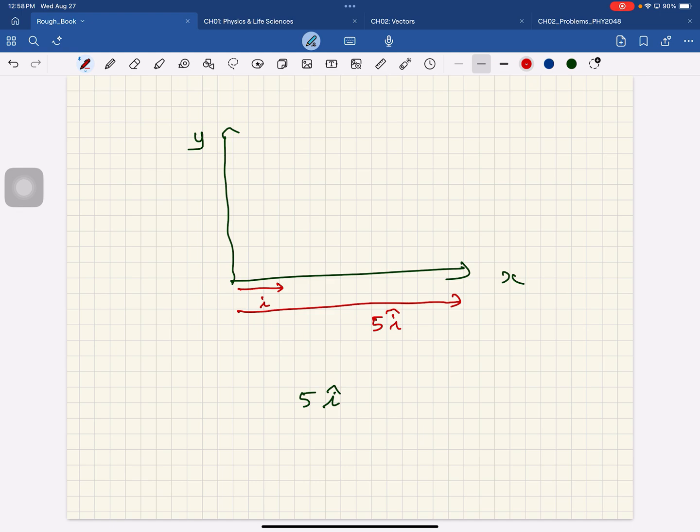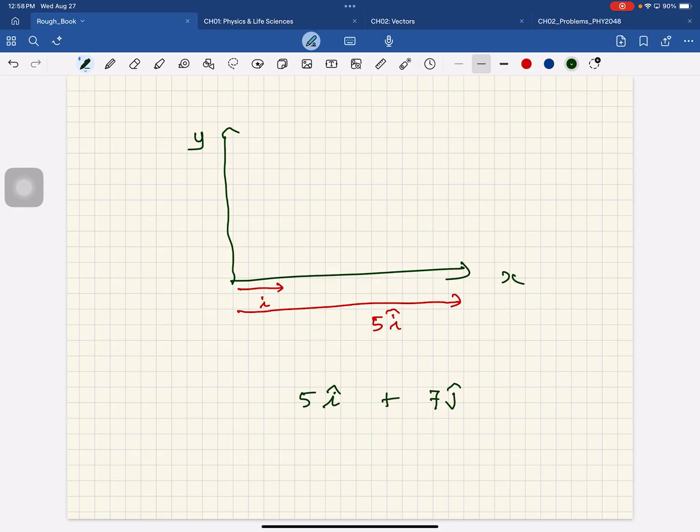What is this guy? Vector. How about this guy? That's a vector as well, 7j.